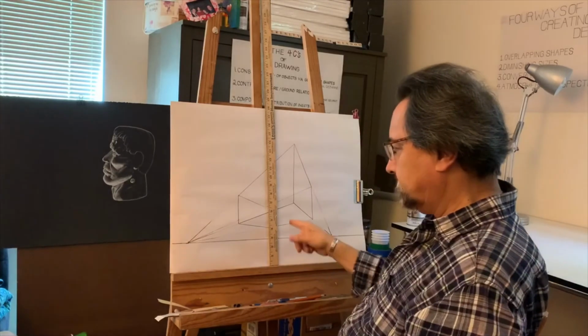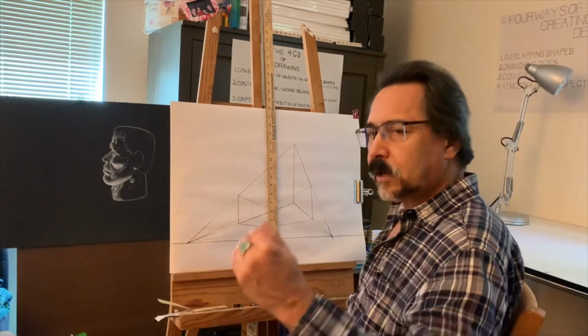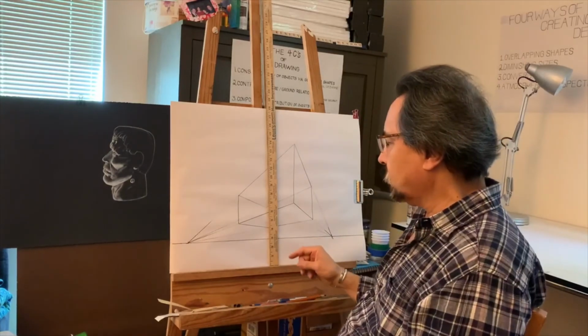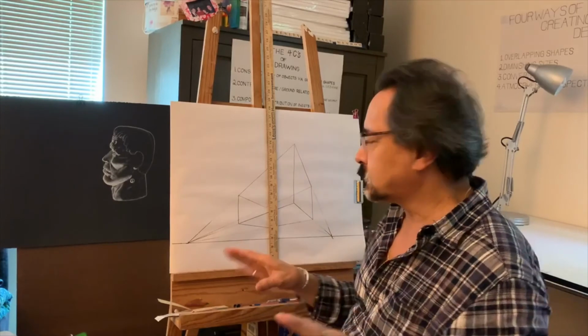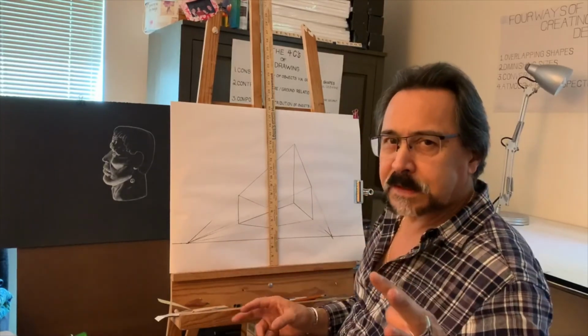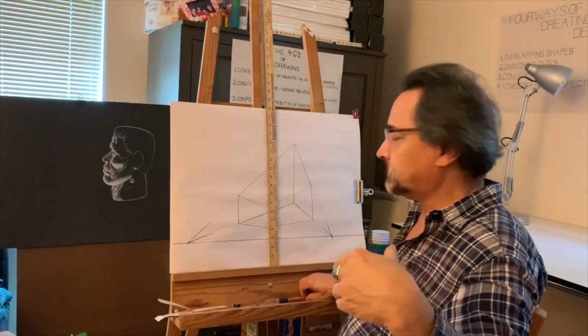Now you can see my ruler from that corner doesn't necessarily coincide with that, which means that something was off. Something really was off a few degrees. And this is why it's so crucial to be very precise.